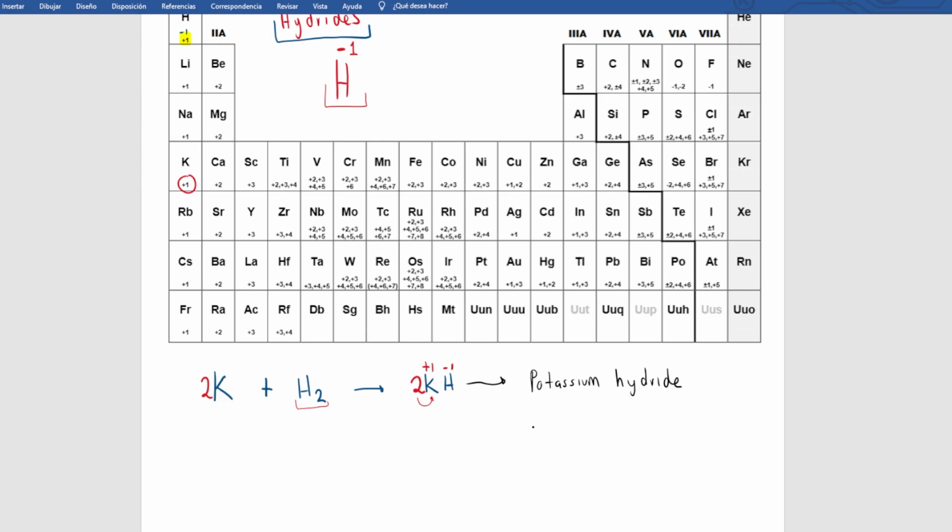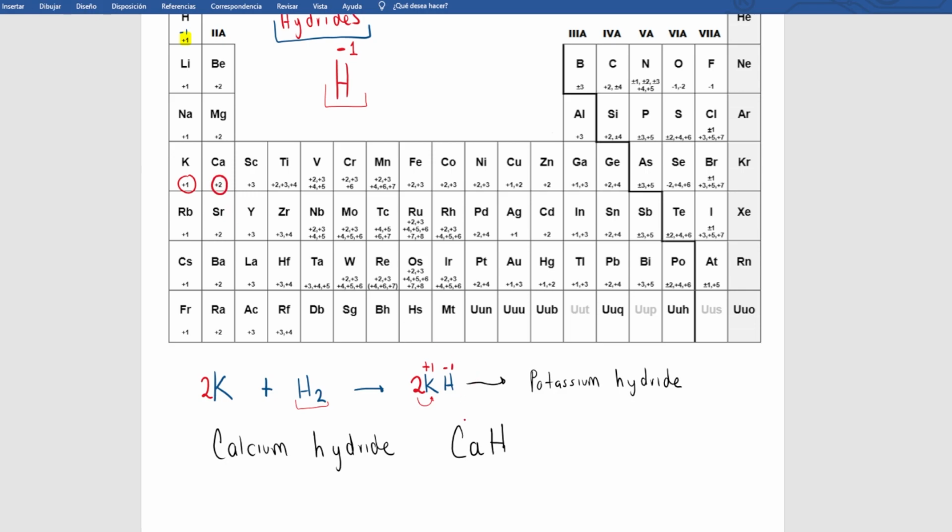So what about if they say, okay, please give me the formula of calcium hydride? Remember that you put first the metal and then you put the hydrogen. Now, let's try to balance the charges. Here we have a calcium, which is in group 2.